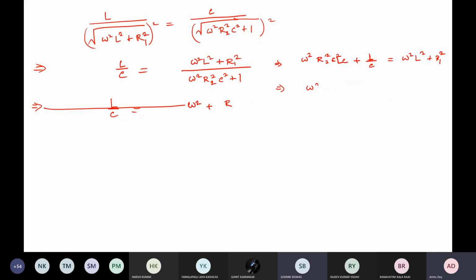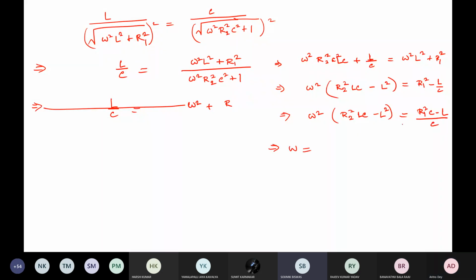So if you take omega square this side, it is R2 square LC minus L square, this side is equal to R1 square minus L by C. So R2 square LC minus L square, and this side it is R1 square minus L by C. So your omega square is equal to the expression, R1 square minus L by C over R2 square LC minus L square.